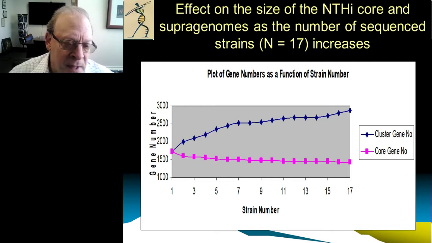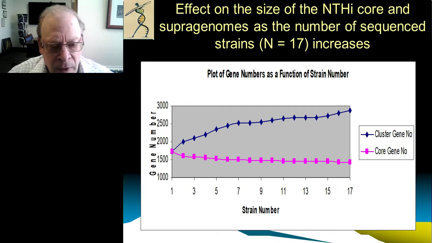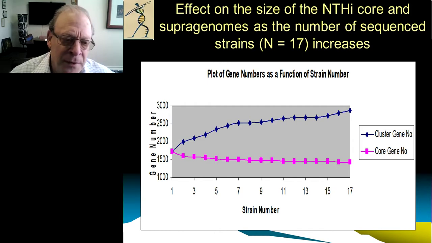What you can see is that the core genome very rapidly reaches an asymptote of around 1,400 genes, but the supergenome or pangenome just continues to increase in size. And so we were interested if we could actually model this.